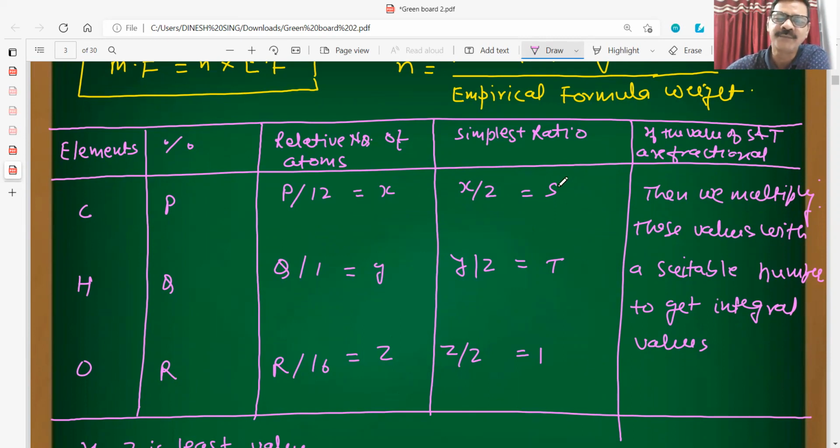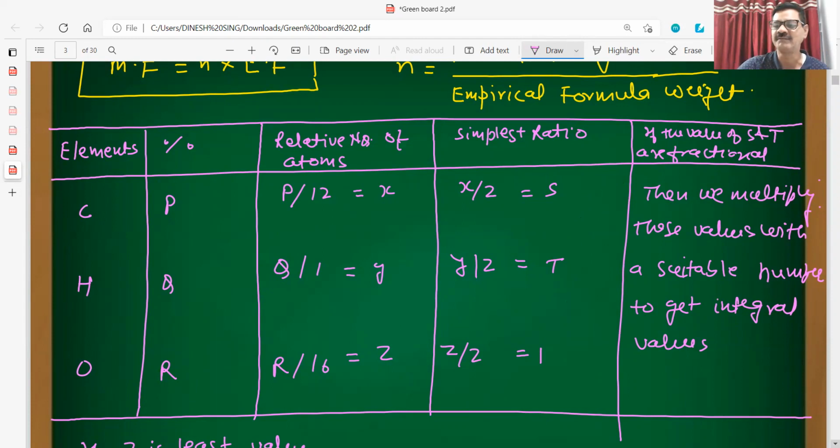If we multiply 0.5 and 1.5 by 2, the value of S will become 1, the value of T will become 3, and the value of Z will become 2. Or suppose this is 1.5 and this is 2.5. Again we can multiply by 2, so this will become 3, this will become 5, and this will become 2, like that.